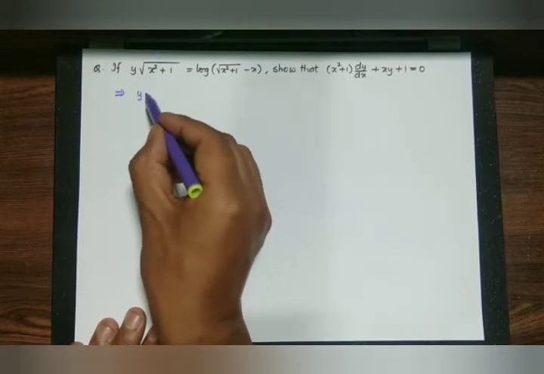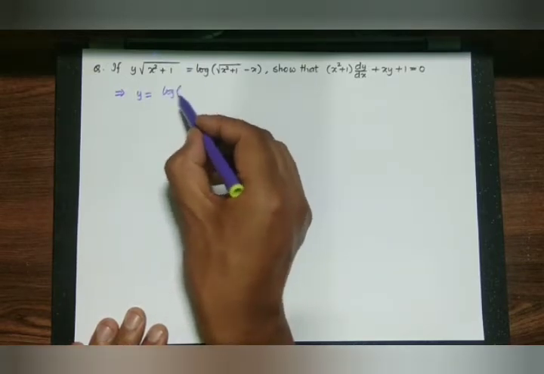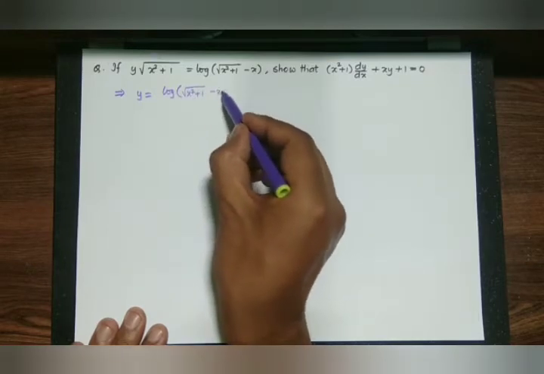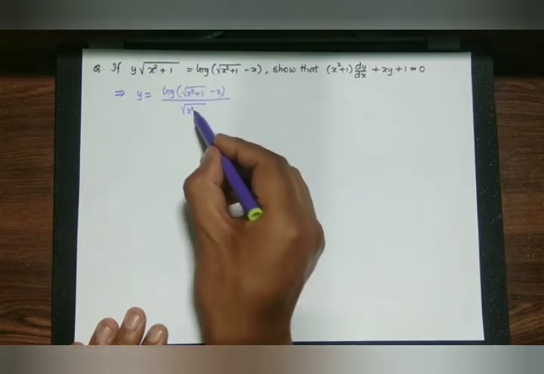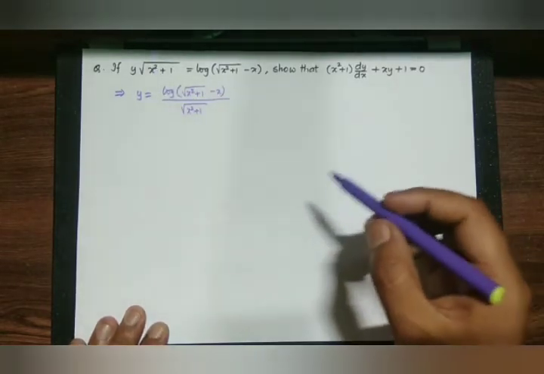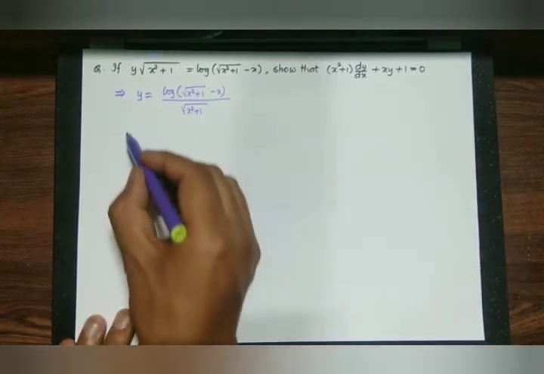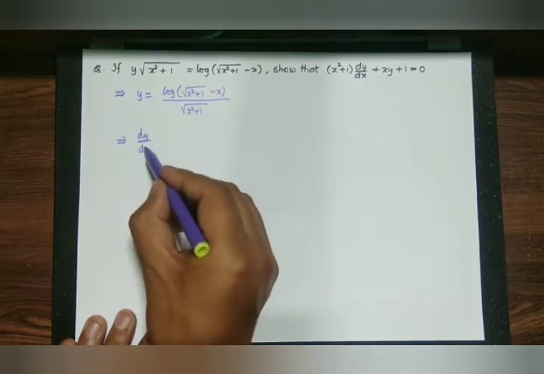I see that y is equal to log of root over x squared plus 1 minus x, divided by the square root of x squared plus 1, which goes to the denominator, right? So differentiating both sides with respect to x, I'll see on the left hand side dy by dx.